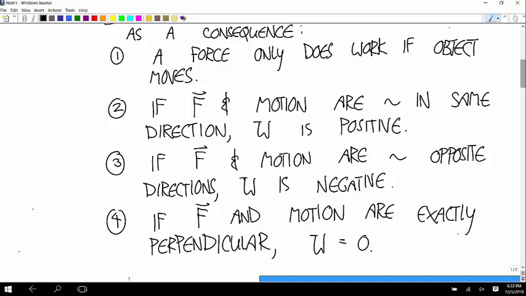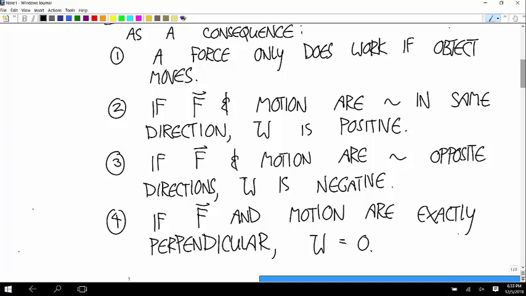If the force and the motion are more or less in opposite directions, the force does negative work and the energy decreases. If they happen to be exactly perpendicular to each other, then they do no work.